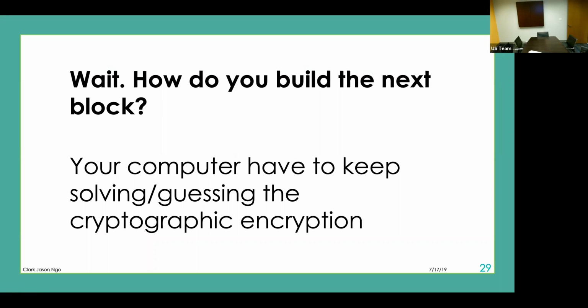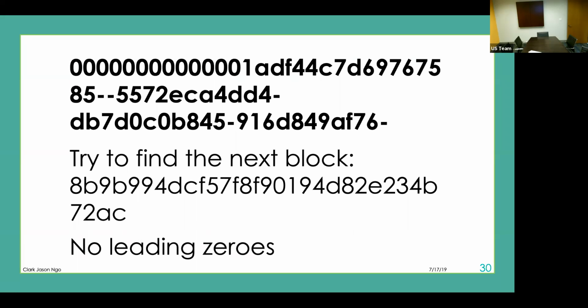Your computer has to keep guessing the cryptographic solution. Let's say you need to find the next hash. The above is the three previous blocks, and the hash code below is the guess of your computer. Now the computer tries to guess 13 leading zeros, meaning 13 zeros in front of the hash code that you're trying to guess.